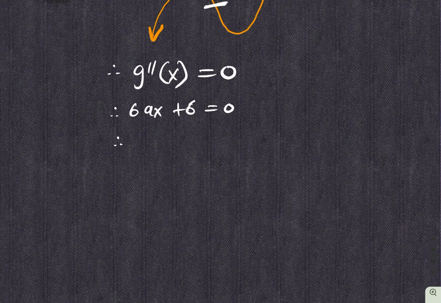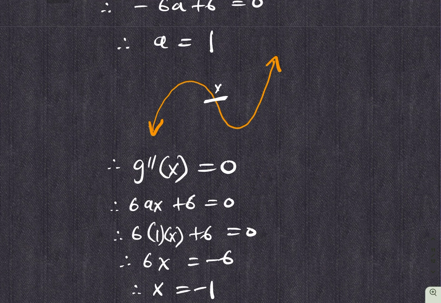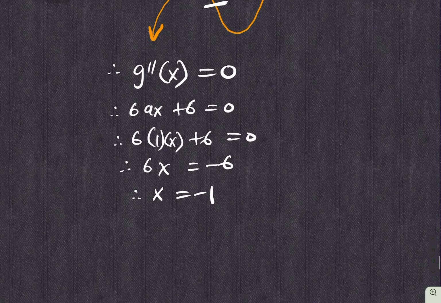So if you plug 1 in there as a, it's going to be 1 multiplied by x, and then plus 6 is equal to 0. Therefore, you get 6x equals negative 6. So x is going to be equal to negative 1. This is the point of inflection. That means x there is negative 1. So because a is positive, this graph is going to be concave up from negative 1 to positive infinity.